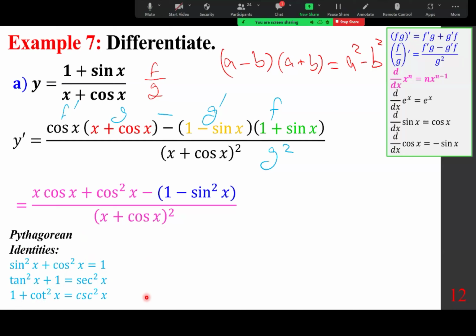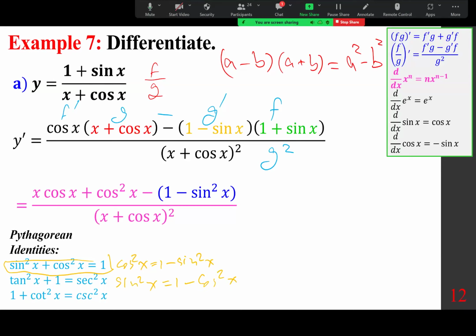Now, when we know that, that means obviously we know that cosine squared is 1 minus sine squared, or sine squared is 1 minus cosine squared.